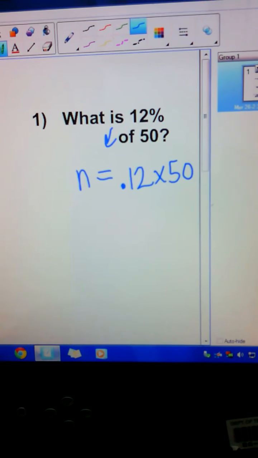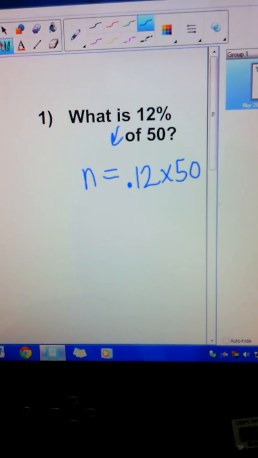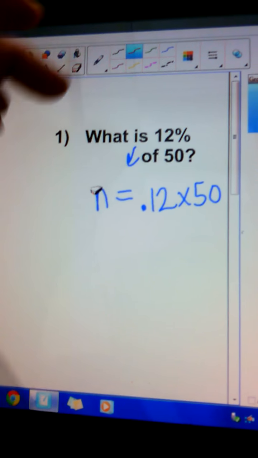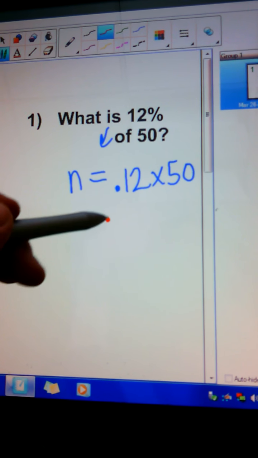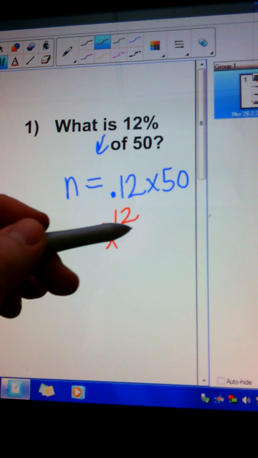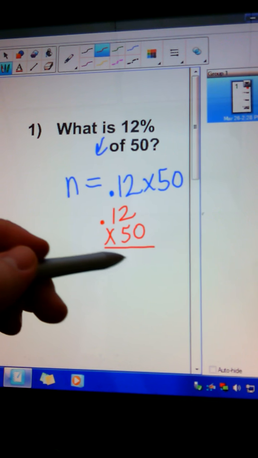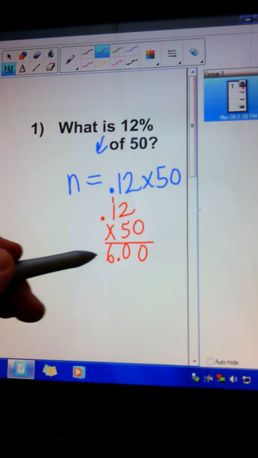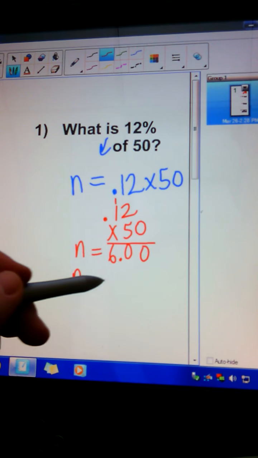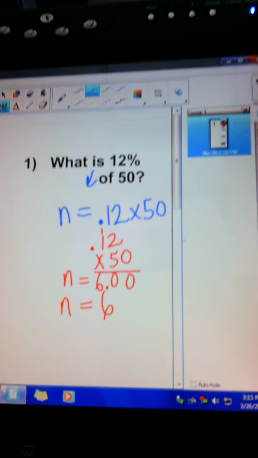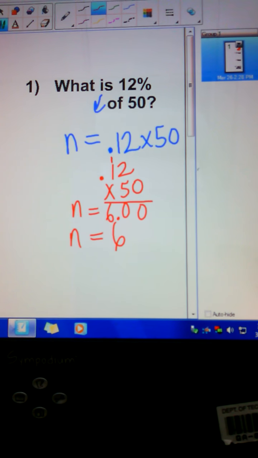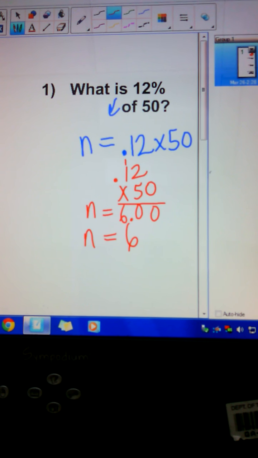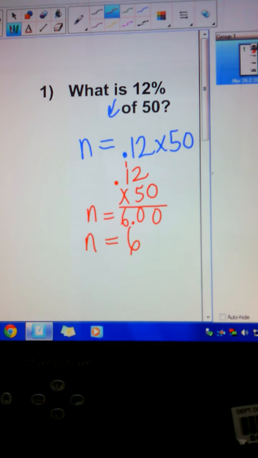All we need to do now is multiply 0.12 times 50. Okay, so after putting your decimal point in the right spot, we end up with 6.